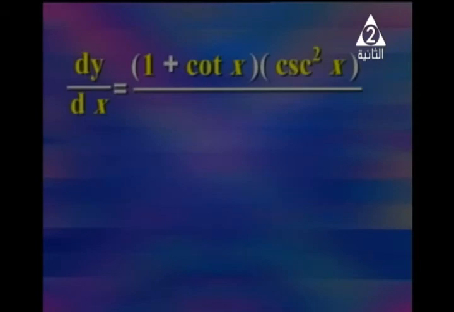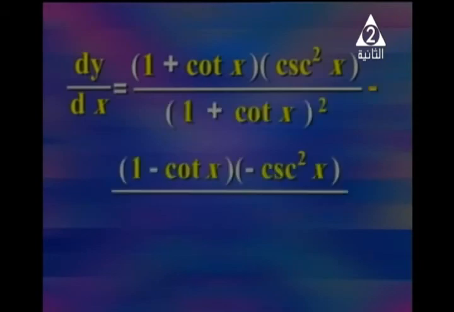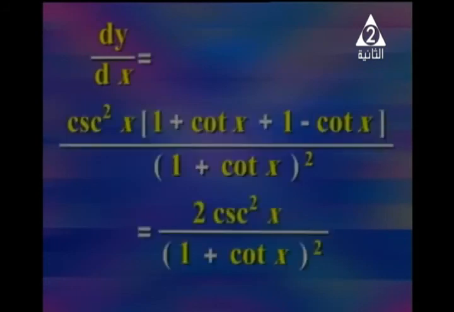Look at denominator power 2, multiplied by, look at the numerator, 1 plus cotan x, this is the denominator, multiplied by differentiation of numerator, which is negative cosec power 2 x, minus denominator power 2 times 1 minus cotan x multiplied by negative cosec power 2 x. Therefore, the answer dy over dx equals cosec square x multiplied by bracket 1 plus cotan x plus 1 minus cotan x over 1 plus cotan x all power 2.